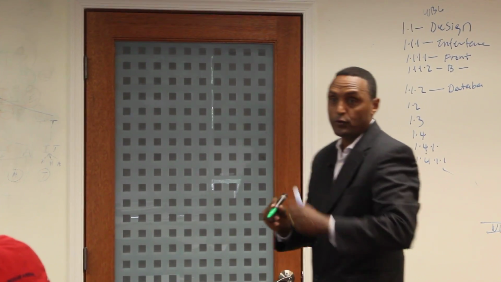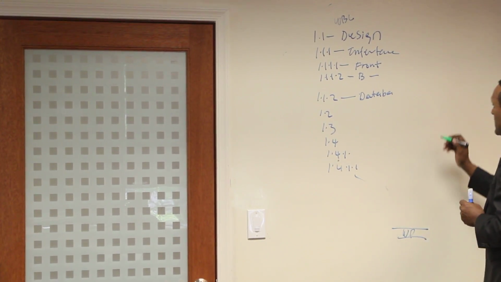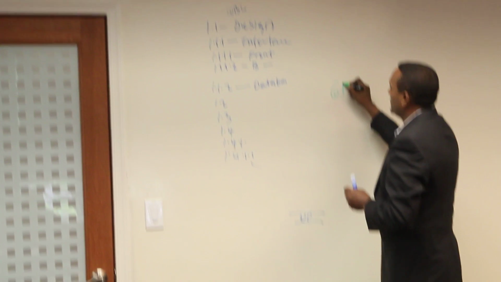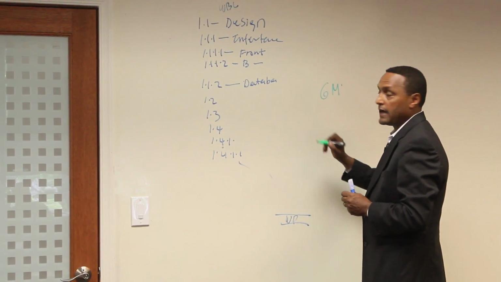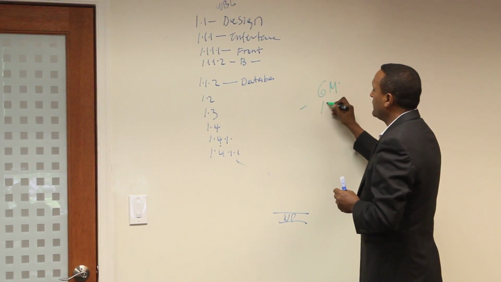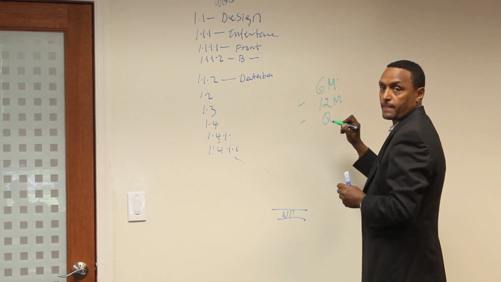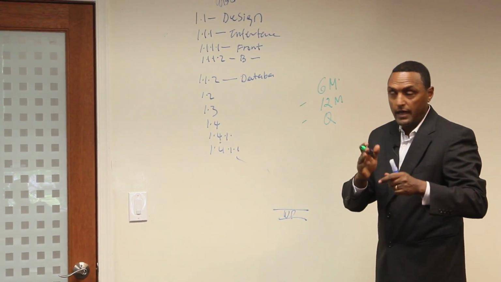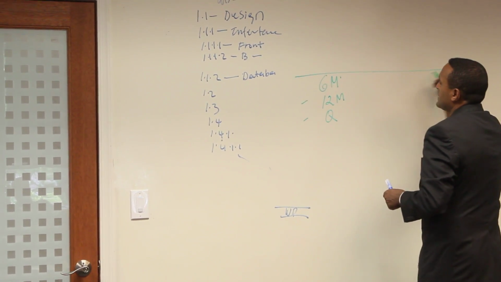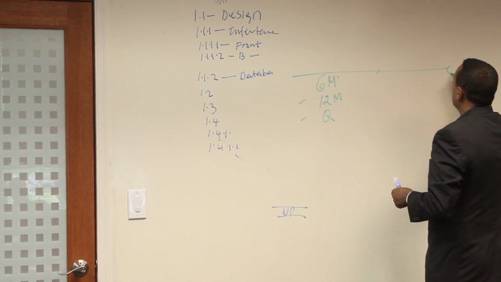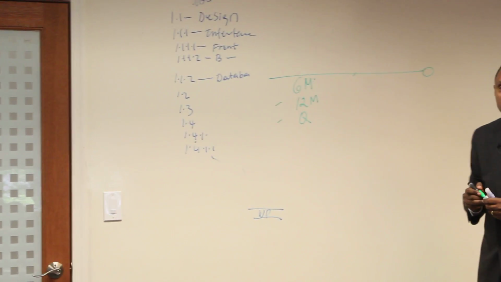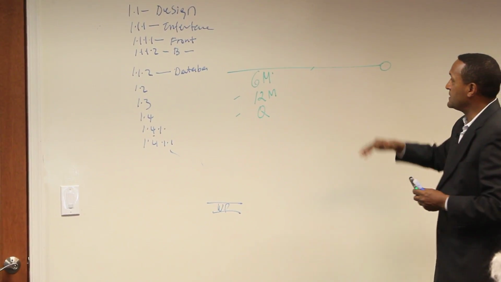So now that project, we agree that it's going to cost me $6 million. I will deliver it in 12 months with certain quality. You said, okay, then I will baseline this. This is your baseline. This is my ground zero. That means this is a baseline.